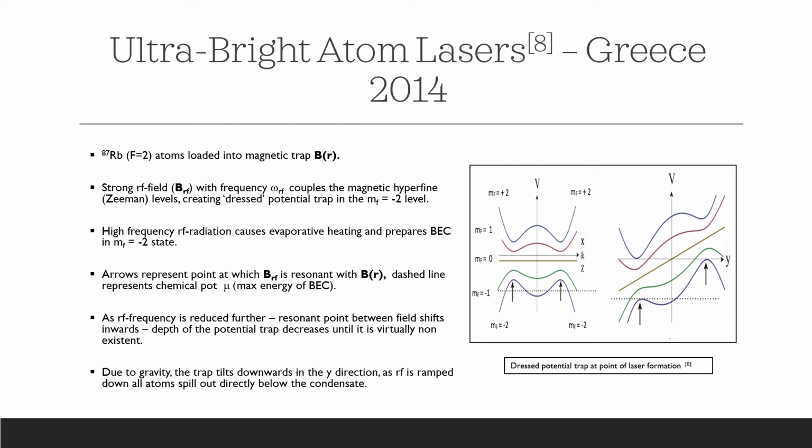Therefore, as the RF frequency is ramped down further and further, the atoms lower in the trap spill out and accelerate down under gravity, until the RF frequency is ramped down to a point such that the trap is non-existent. In this way, all the atoms in the Bose-Einstein condensate leave the potential trap. Therefore, the group were able to achieve the maximum flux possible.